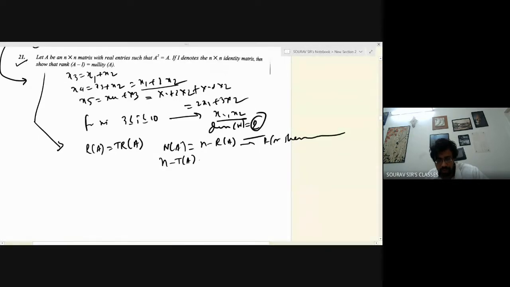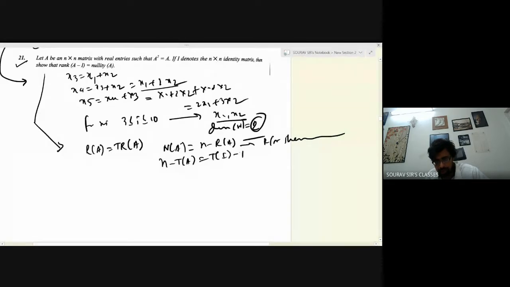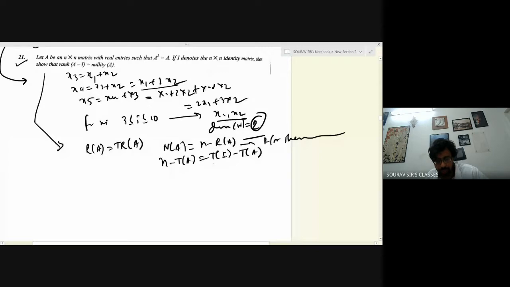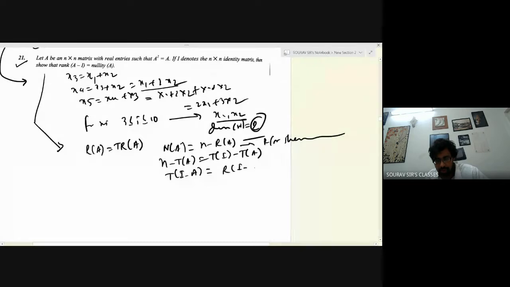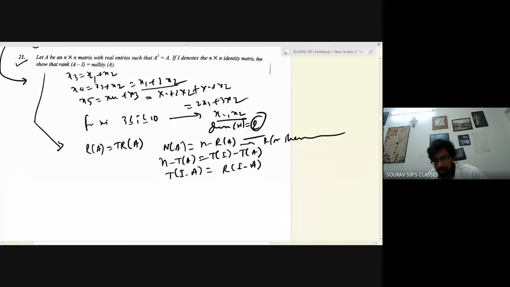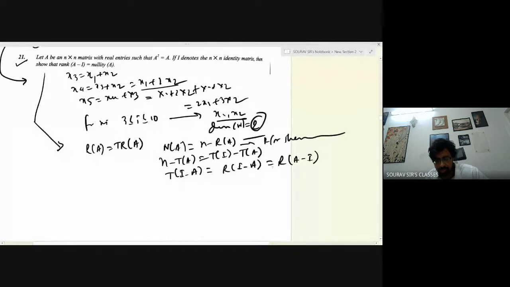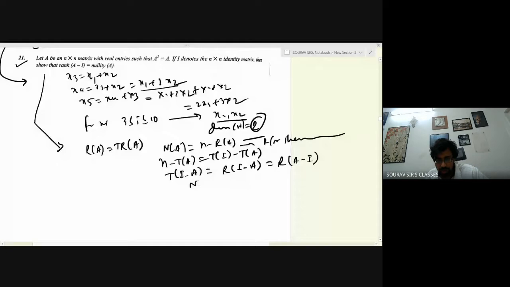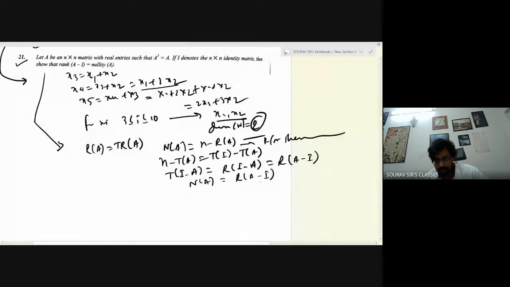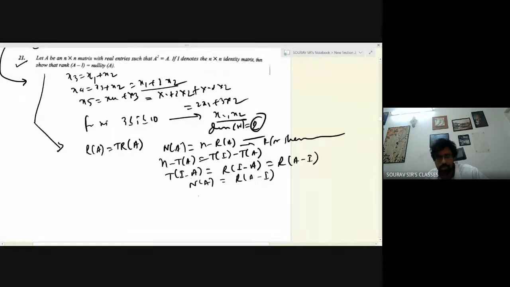N minus trace of A we can write as trace of the identity minus trace of A, so trace of I minus A, which is the rank of I minus A. And that is the rank of A minus I. So the nullity of A is nothing but the rank of A minus I. Hence proved.